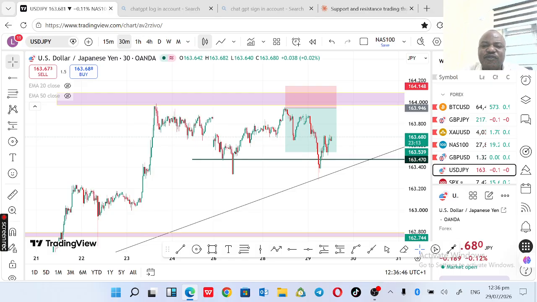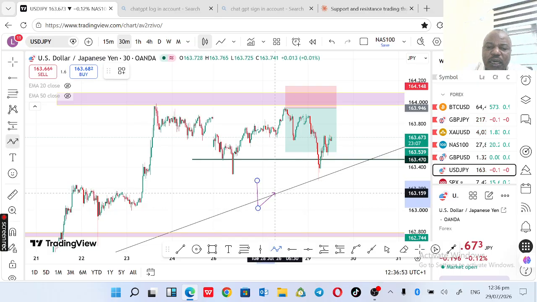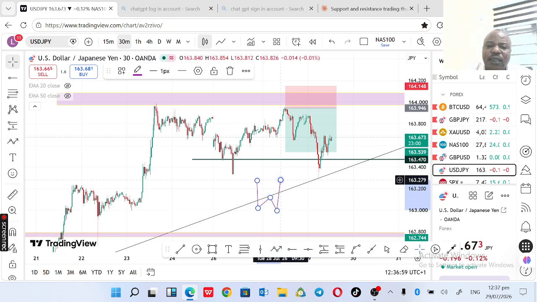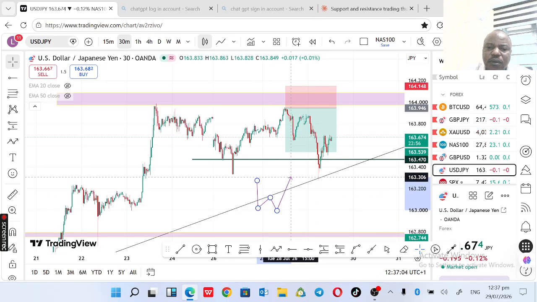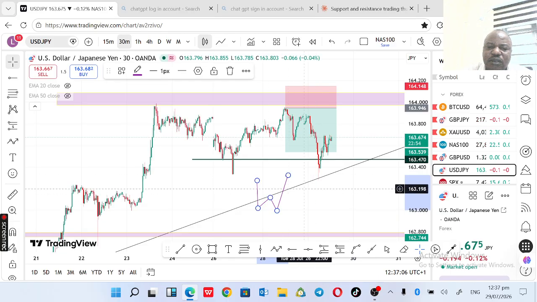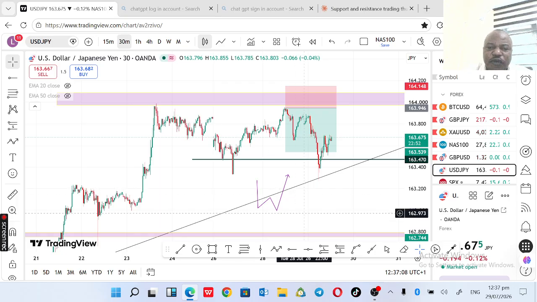And another alternative way is that I also use what we call the W pattern, right? Then for my entry for a buy, I use this.